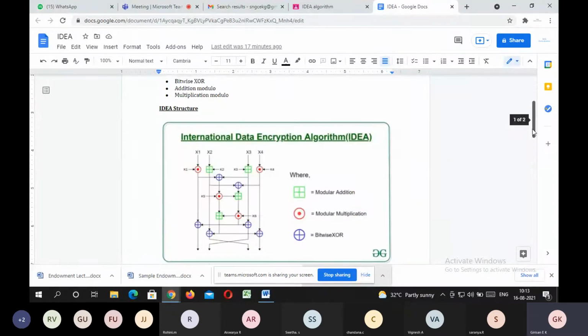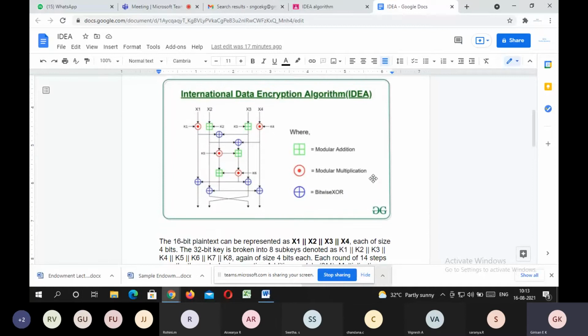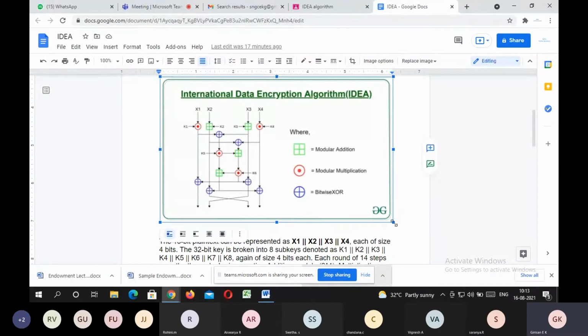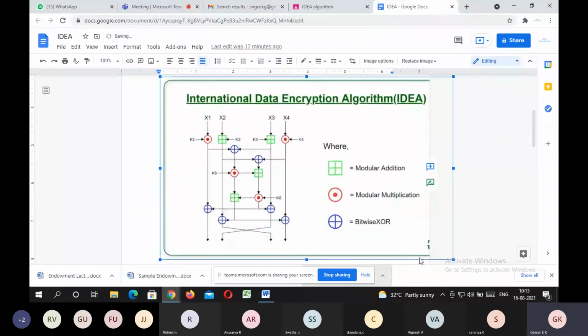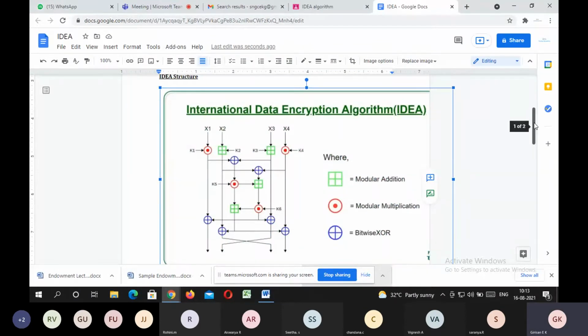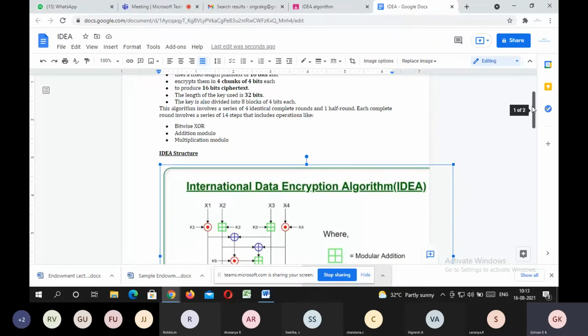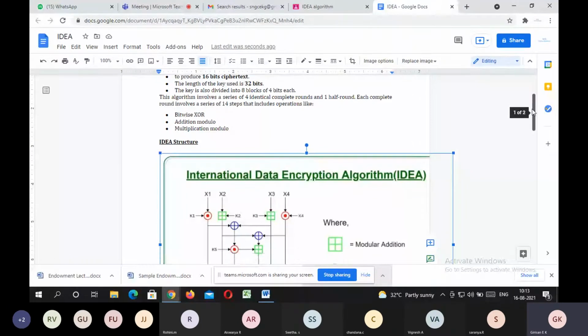As I told you, it undergoes a sequence of steps, and each step has its own functionality. Before moving into the algorithm, the plain text is divided into blocks.